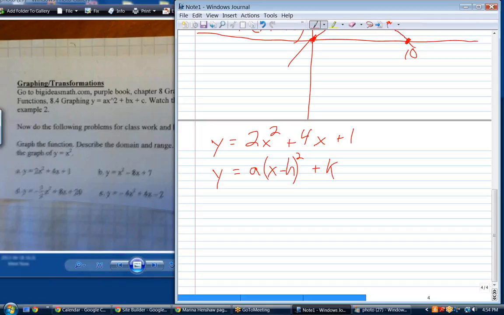So our goal is to take this equation and get it into that format. And the way we're going to do it is we're going to complete the square. Okay, let's take this and write it here.